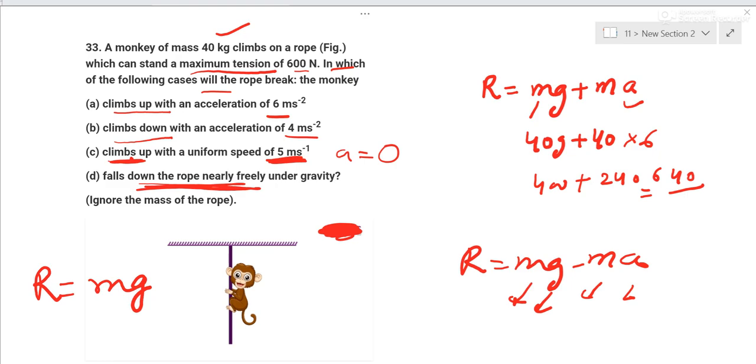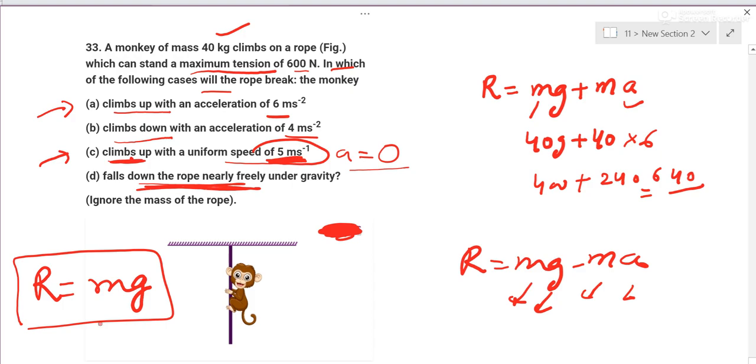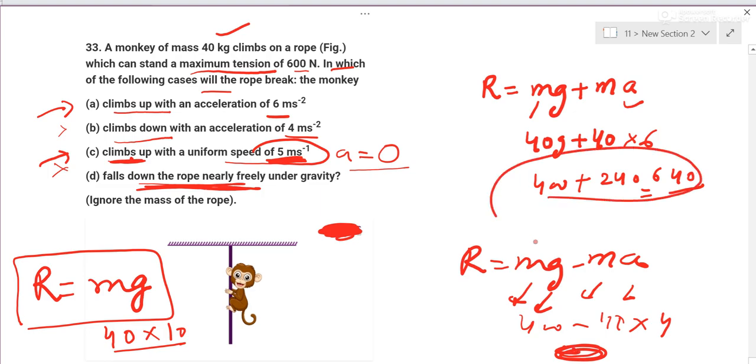Whenever it climbs up, weight increases by ma. But here speed is uniform, so acceleration is 0, so it will be the same as actual weight. So m is 40 into 10, it is 400. 400 is less than 600, so it will not break. Here also it will not break because it is 400 minus something, 40 into acceleration, which is 4. Right, here it is less than 600, here it is more than 600, here it will break in A.